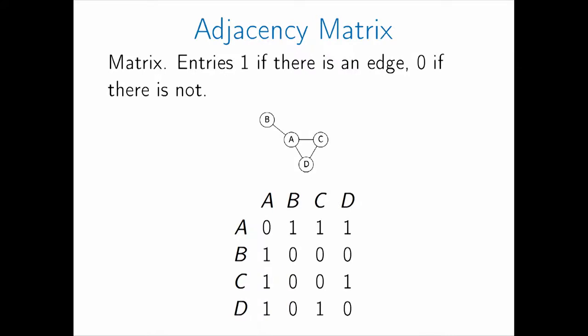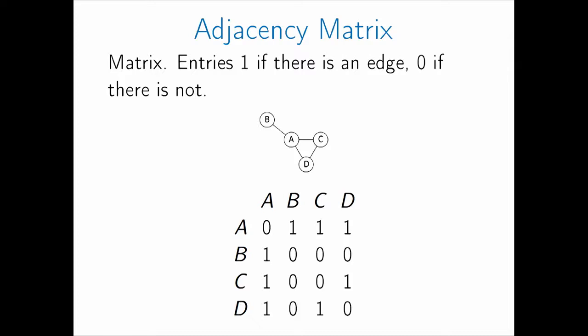One of them is the following. So at least if you have a simple graph, the only thing that really matters is which pairs of vertices have edges between them. If I give you a pair of vertices, the only thing you need to know is is there an edge between them or is there not? So we can just build a lookup table for this. We build a matrix where you have an entry that's 1 if there is an edge between that pair of vertices and 0 if there's not.